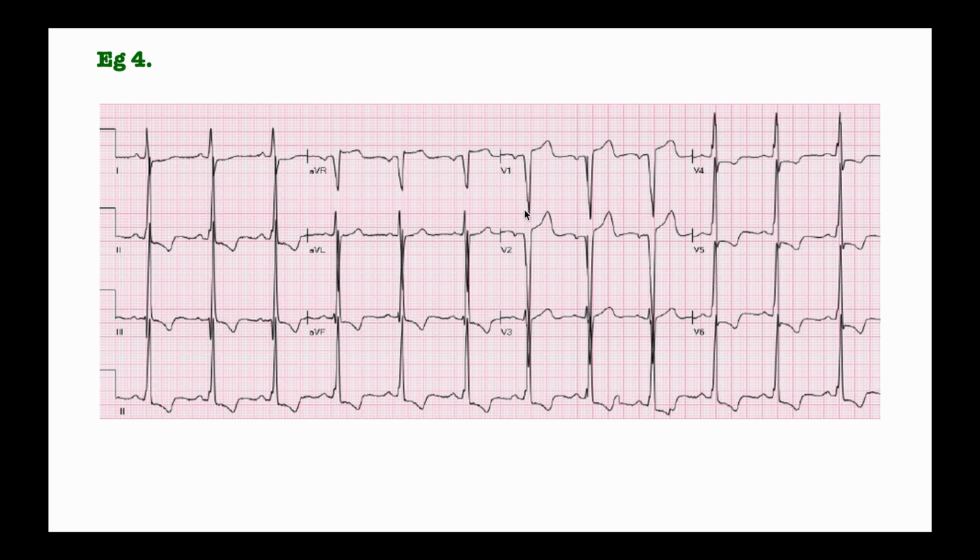So 20 plus 30, what are we getting? Okay, so I think we didn't do the counting well. So we used V5, R wave in V5, not in V6. Okay, R wave in V5, we got 25 millimeters, and S wave in V1, we got 20 millimeters. So we are getting 45 millimeters, which is more than 35 millimeters. And so we say there is left ventricular hypertrophy.